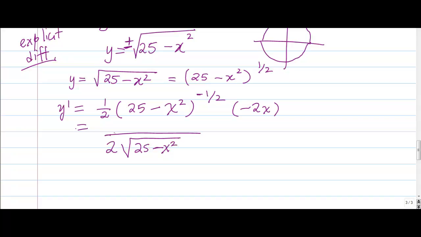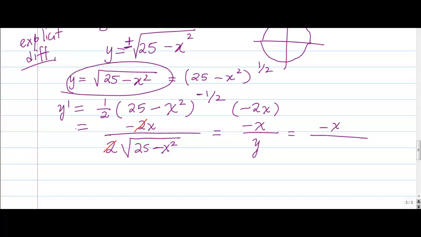There's a 2 on the bottom, and there's a minus 2x on the top. Okay, so the 2 over 2 gives me 1, and I have a minus x on the top, and then the square root of 25 minus x squared, isn't that just equal to y? So I'm going to call that minus x over y. And that is the derivative. Or you can write it as minus x over the square root of 25 minus x squared.